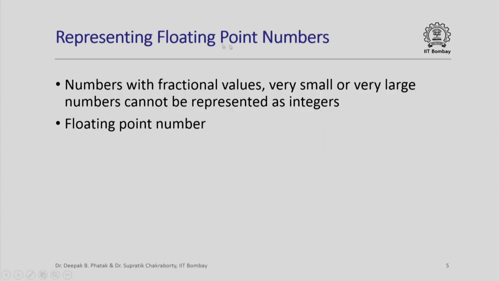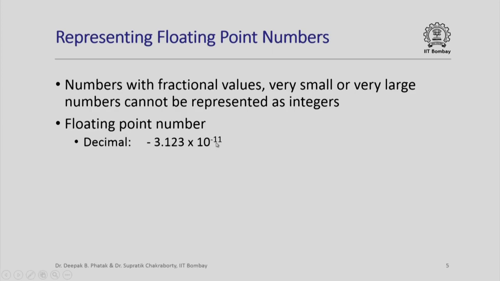These are called floating point numbers, numbers with fractional values, very small numbers or very large numbers that cannot be represented as integers. And what we are going to study today is, when we write a number like this, how is it that we can represent it in a computer using a sequence of zeros and ones.